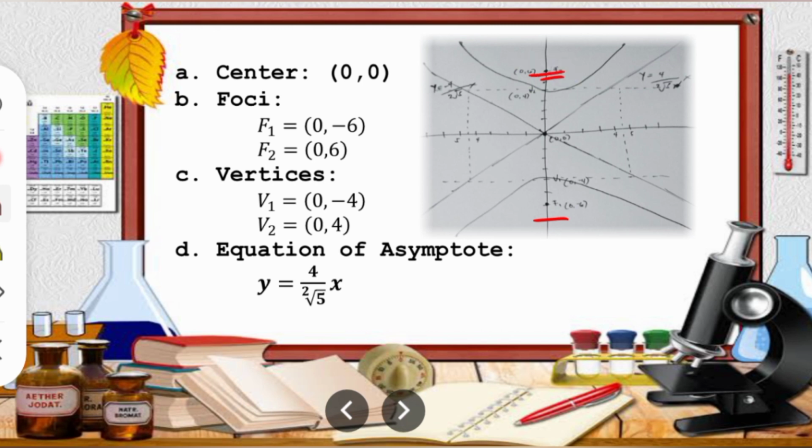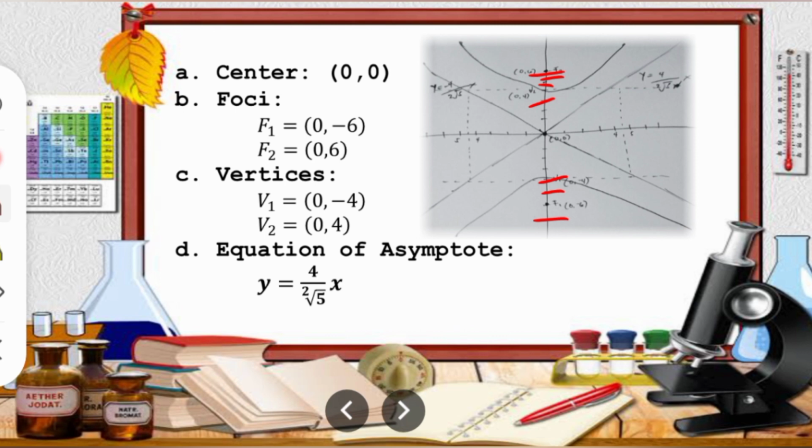To find our vertices, we need to count 2 units from our focus. So we go up 1 and 2, and that is our vertex. And here, going down, 1 and 2, that is our vertex. So F sub 1 has the value of (0, negative 4), and F sub 2 is (0, positive 4). So that is our vertices. Now we have our foci and our vertex.